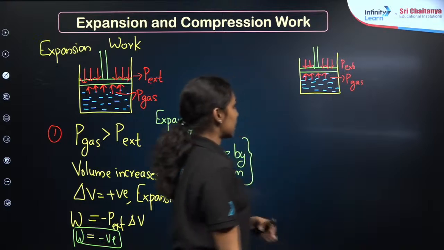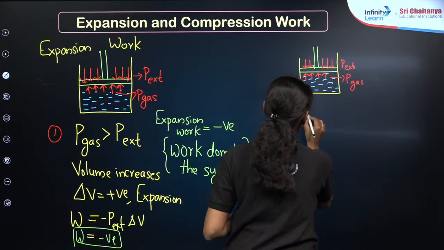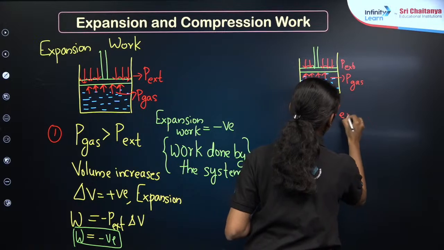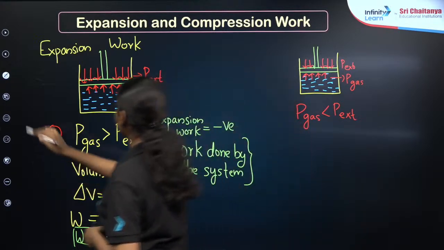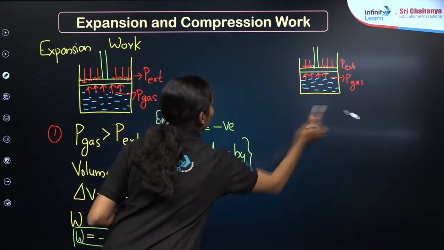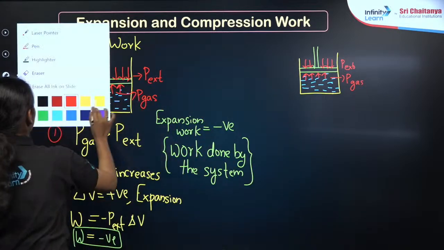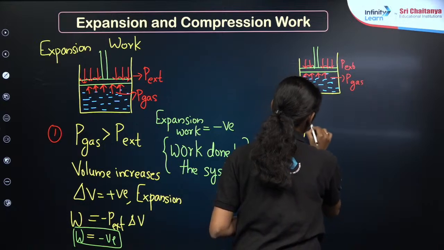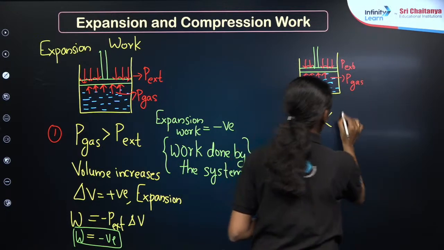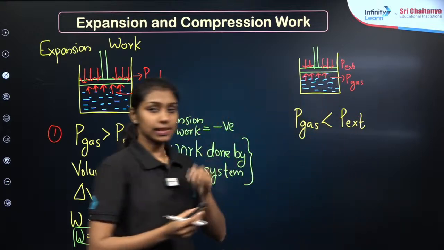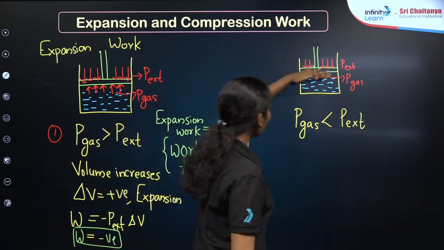So the next condition is that P gas, the pressure exerted by the gas, is less than P external, just the opposite condition to the expansion work. Or we can say that P external is greater than P gas, which means the piston is moving down here.